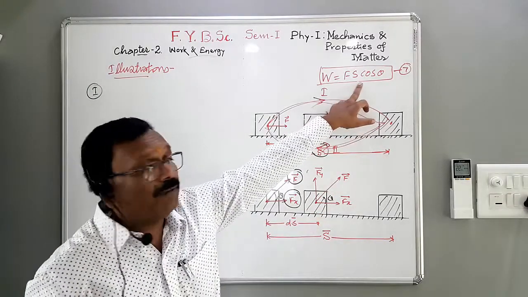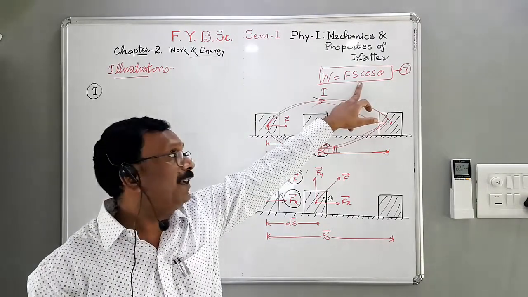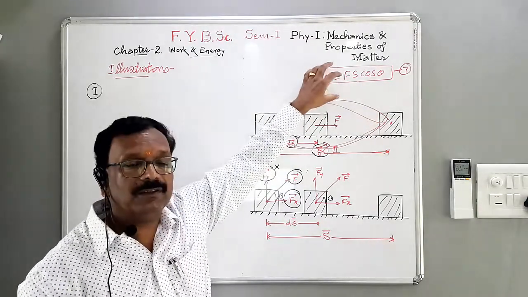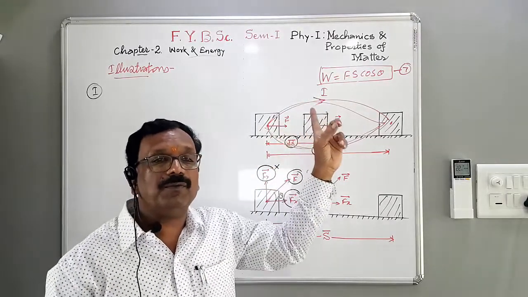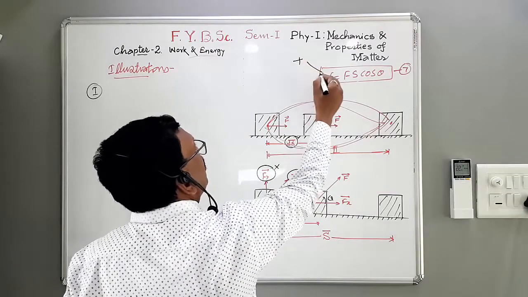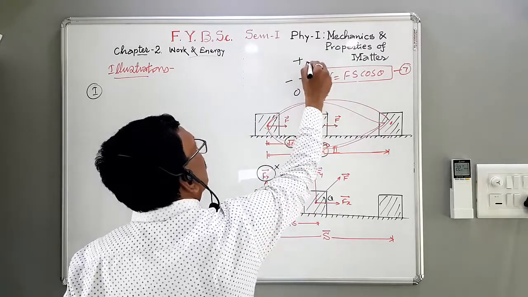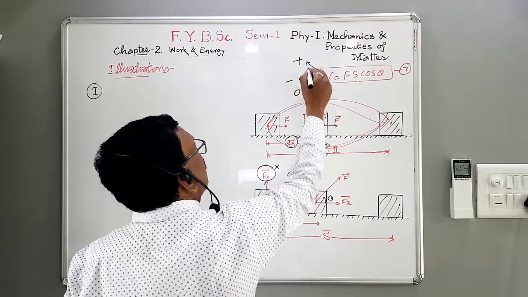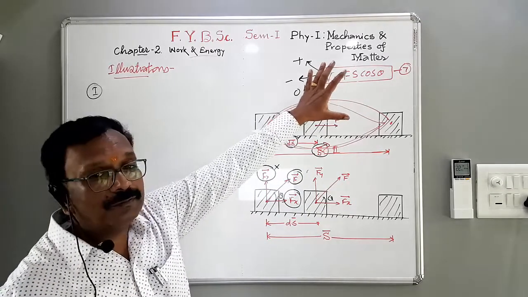From equation 7, the work done by a constant force may be positive, may be negative or may be zero. There are three cases. There are three illustrations. How?